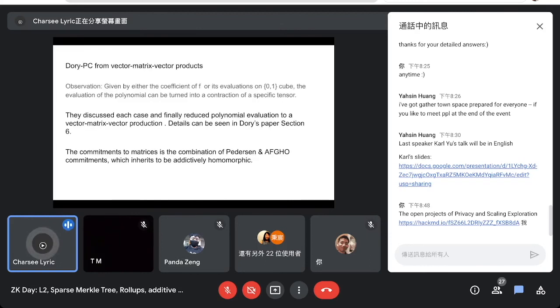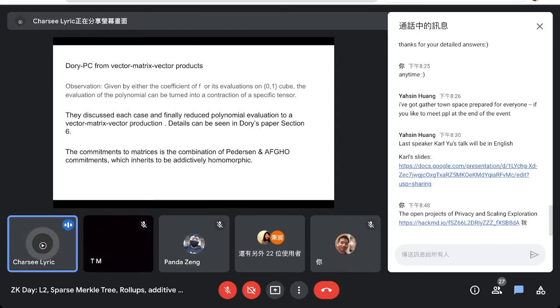The second case that I want to bring here is the DORY polynomial commitment scheme, which is transparent, post-quantum, and has many other properties. This scheme comes from vector-matrix-vector products, and is based on the observation that, given either the coefficients of a function or its evaluations on the Boolean hypercube, the evaluation of the polynomial can be turned into a contraction of a specific tensor.